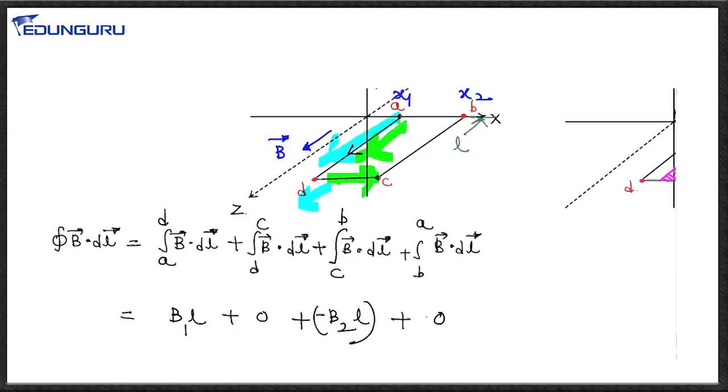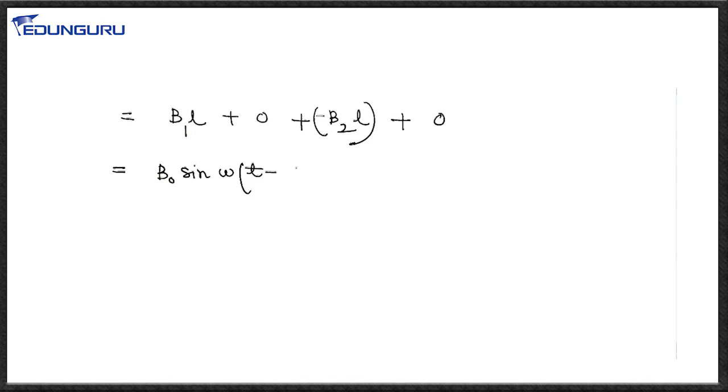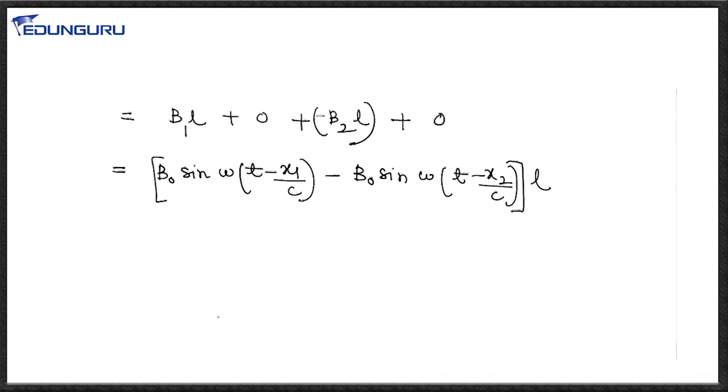This is again 0. So, now when we substitute this, it becomes B naught sin(ω(t − x1/c)) minus B naught sin(ω(t − x2/c)) into L. So we have this loop integral of B dot dl.